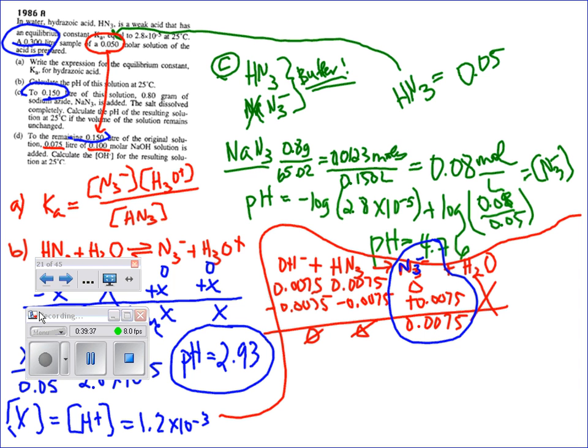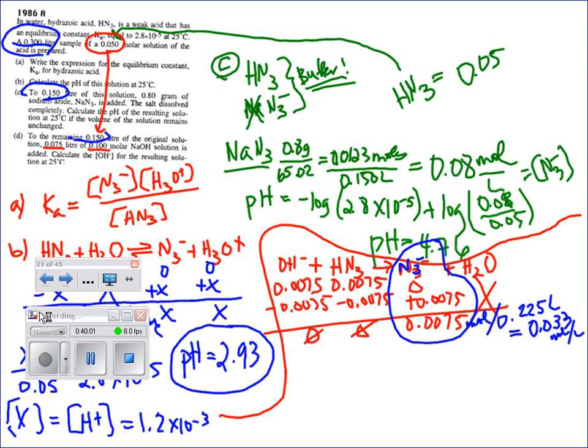Add water, but there's still something more important. Yes, convert to molarity, because we have moles here divided by a total volume. It's 0.150 plus 0.075, which comes out to be 0.225 liters, giving me a concentration of 0.033 moles per liter.